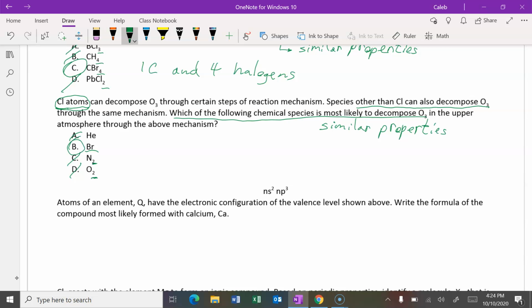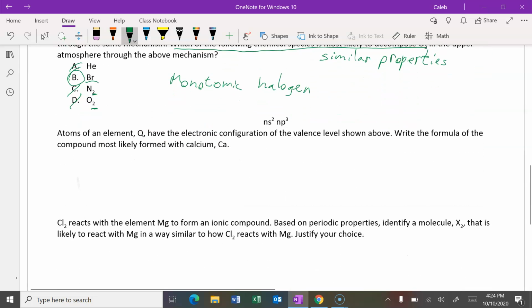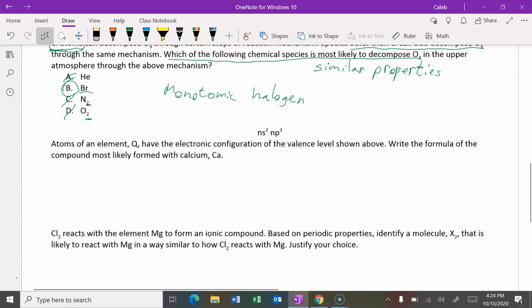of 2. Yes, B looks to be the right answer, because this is a monatomic halogen, just like chlorine is. Basically, it's the same thing from the same group, and that's what we're looking at with those types of questions.